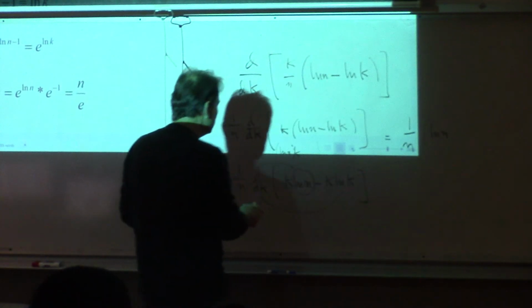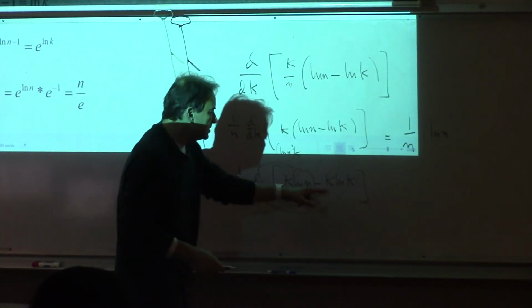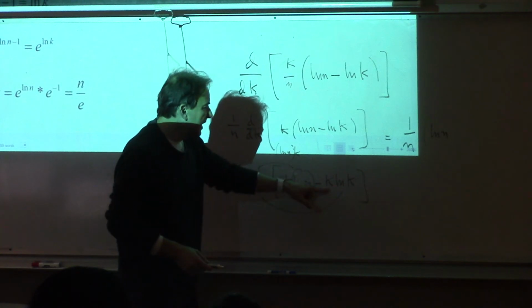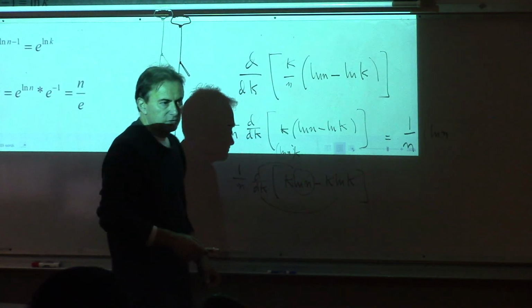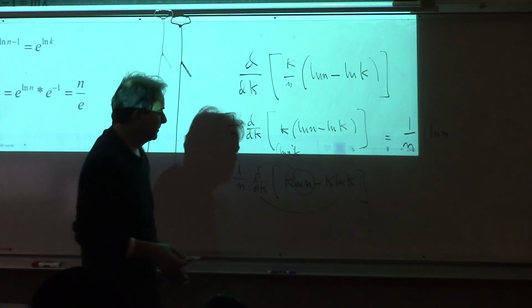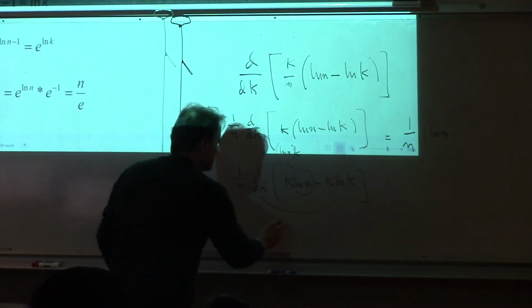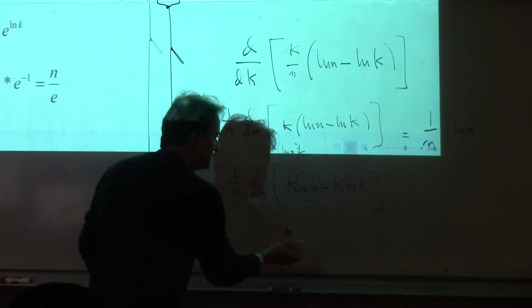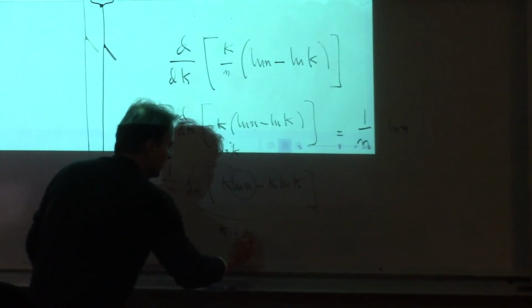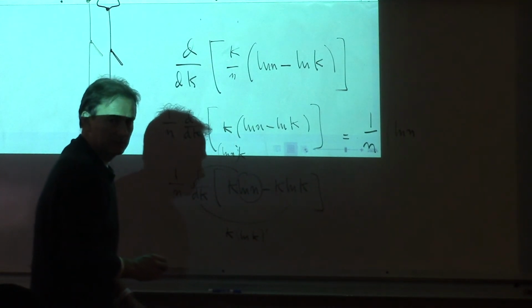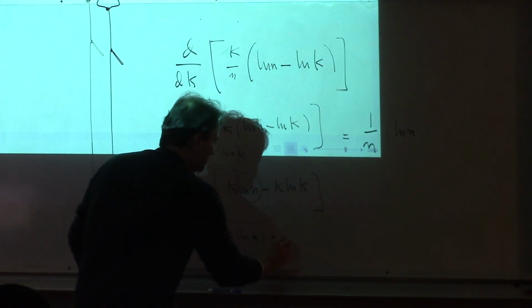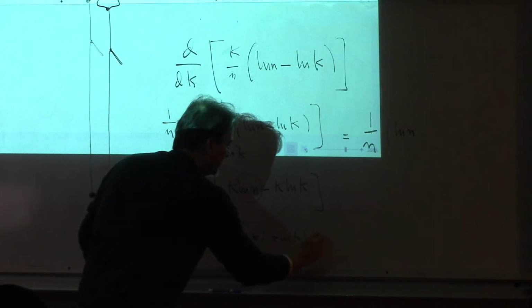So the next thing we're going to do is take the derivative with respect to k up here. Now this is the tricky one, because here both k and log k are changing. So for the derivative of a product, we're going to use the product rule. That's going to be k times ln k prime, the derivative of it, plus ln k times the derivative of k.